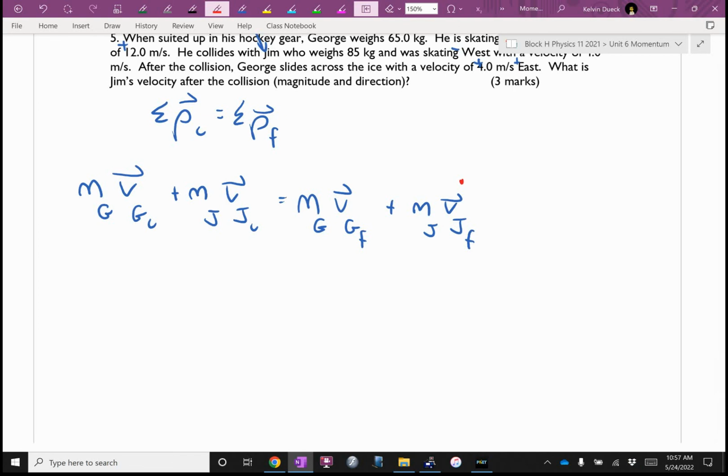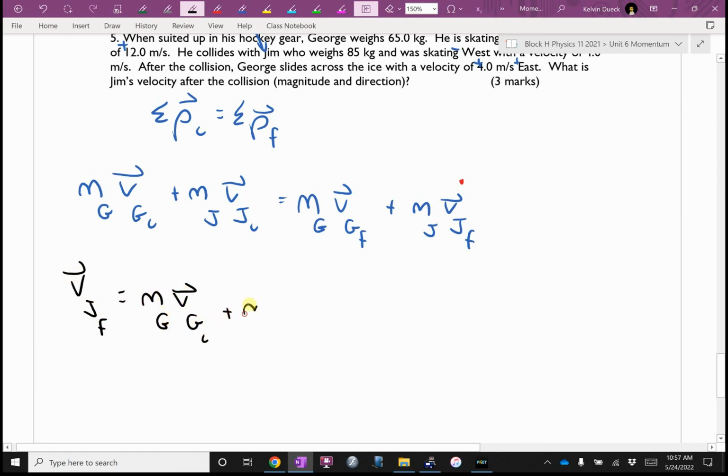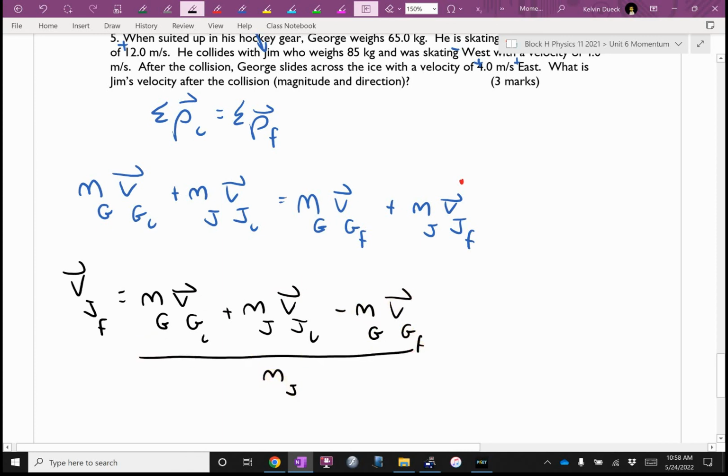Oh, I can do this. We've come a long way in our formula manipulation. So it's going to be mass George, velocity George initial, plus mass Jim, velocity Jim initial, minus mass George, velocity George final, all over mass Jim.